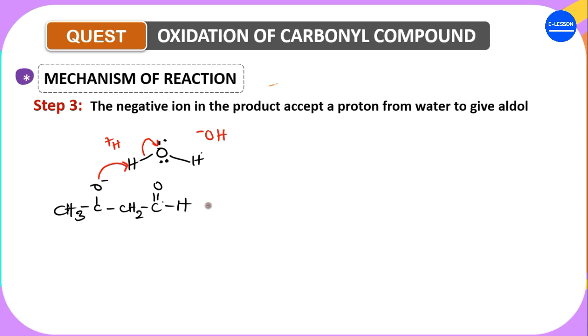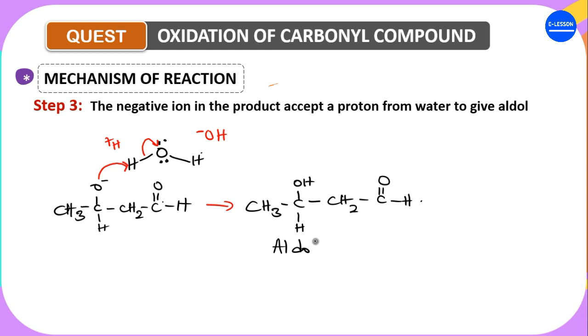And that is why we have the product as OH. So this product will become CH3, here is OH, then here is CH2, C double bond O, and H. This is what is called the aldol.